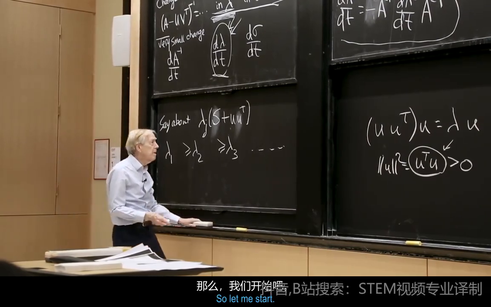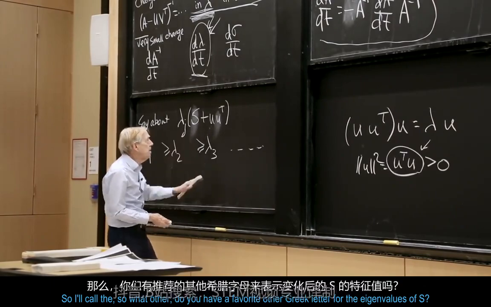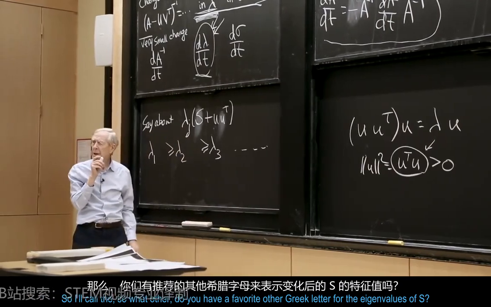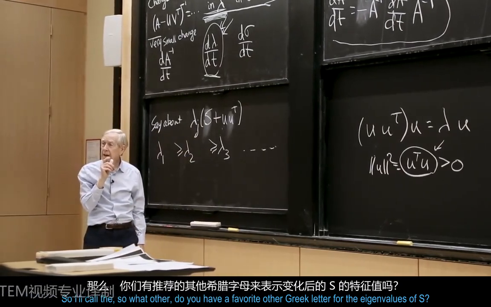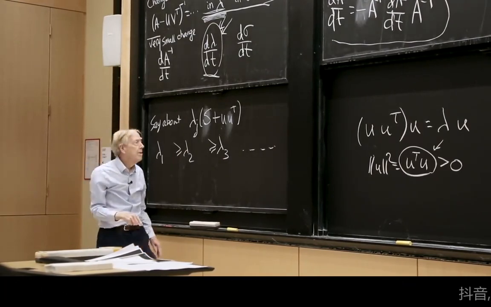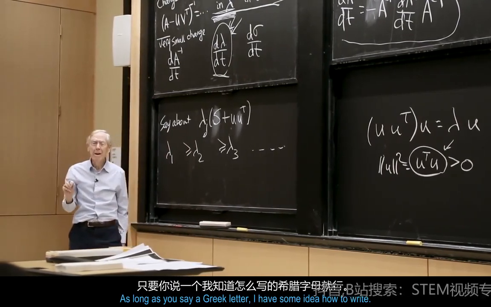So do you have a favorite other Greek letter for the eigenvalues of S? Gamma. Okay, gamma. As long as you say a Greek letter that I have some idea how to write.